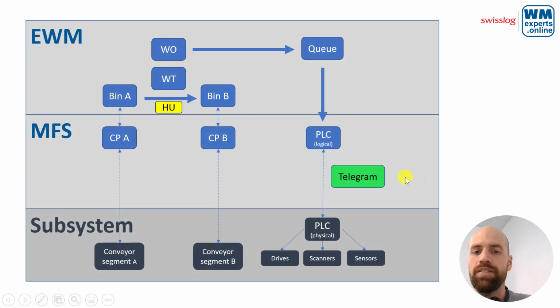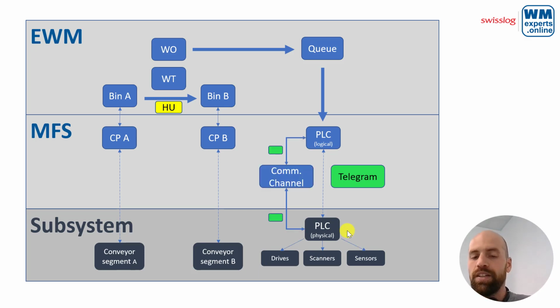Just to visualize it, here we have the telegram, and that flows between EWM and the subsystem, and the other way around. And how this is being communicated and how we actually connect technically, this is defined in the communication channel.